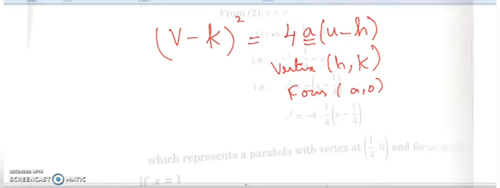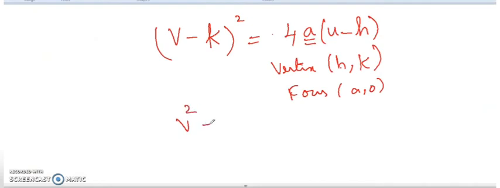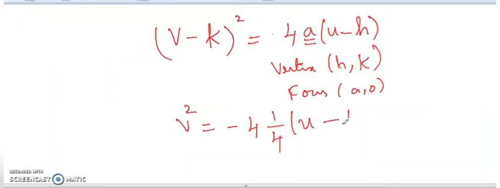In this case, we have v square is equal to minus 4 into 1 by 4 into u minus 1 by 4. This v square can be taken as v minus 0 the whole square.